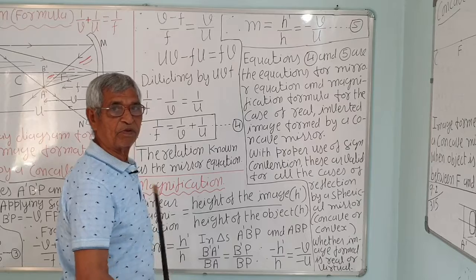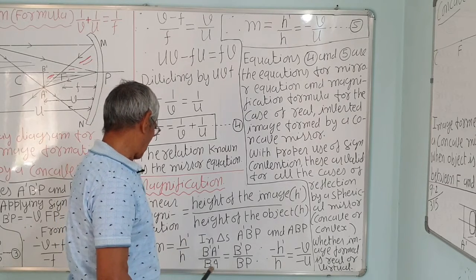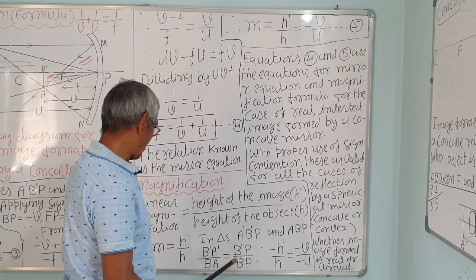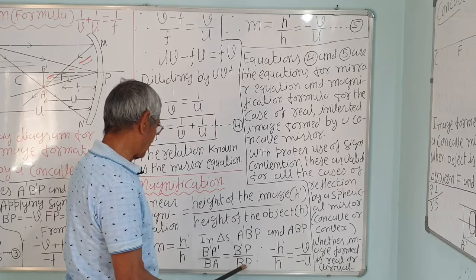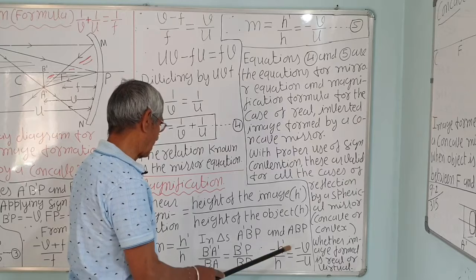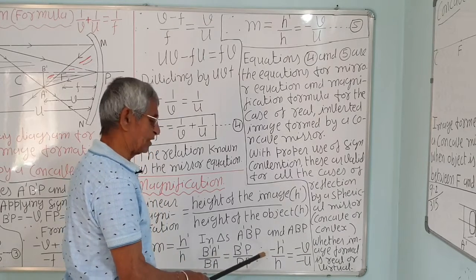You can see from the geometry of the figure that h dash upon h is equal to b dash a dash upon ba, and that is equal to the distance b dash p upon bp, that is minus v upon u. The image b dash a dash is minus h.